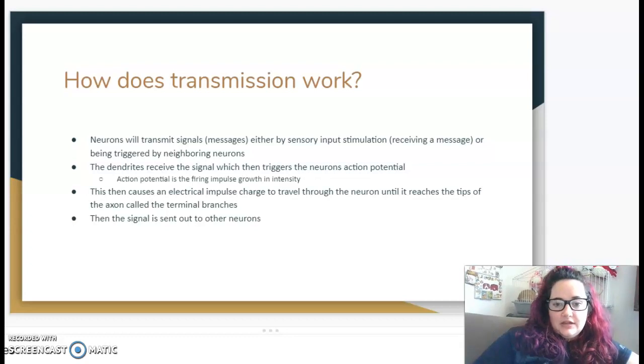This then causes an electrical impulse charge to travel through the neuron, from the dendrites where it receives the message, to the cell body, which is the soma, down the axon to what are called the axon terminal branches. So that's where it reaches the tips of those. This signal is then sent out to other neurons.